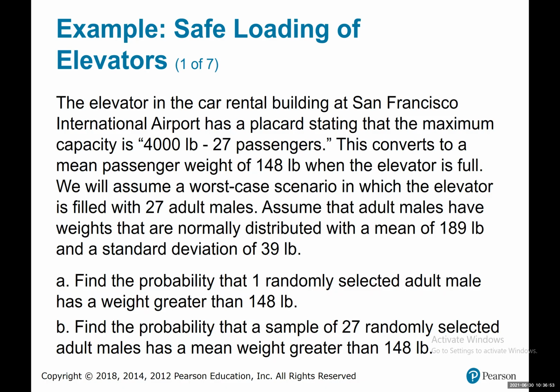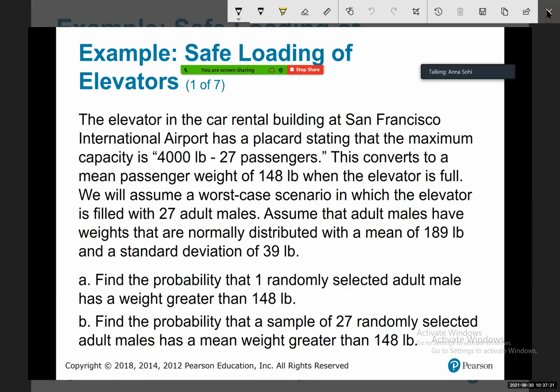Assume that adult males have weights that are normally distributed with a mean of 189 and a standard deviation of 39. Find the probability that one randomly selected adult male has a weight greater than 148. So for the first part, it's nothing to do with the central limit theorem because you are randomly selecting one person.